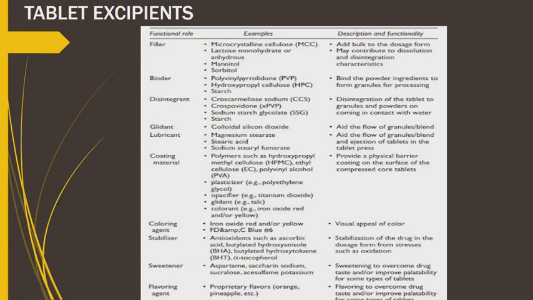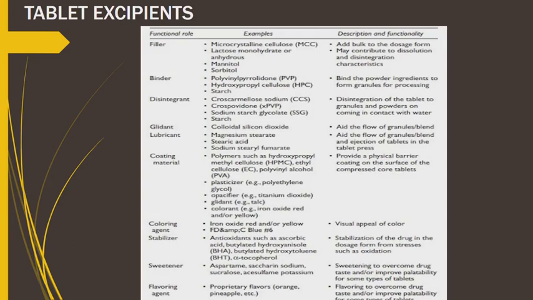body. Second is binder. The most common binders used are polyvinyl pyrrolidone PVP, hydroxypropyl cellulose HPC, and starch. The function of the binders is to bind the powder ingredients to form granules for processing. Third are disintegrants.